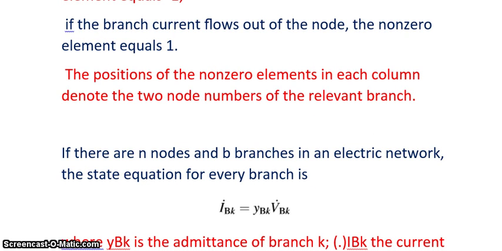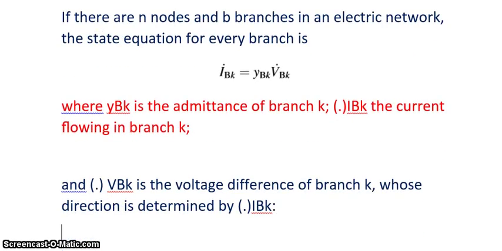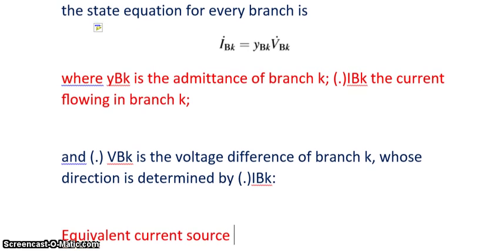If there are n nodes and b branches in the electric network, the state equation for every branch is Ibk equal to ybk into v̇bk, where ybk is the admittance of the branch k, Ibk is the current flowing into the branch k, and v̇bk is the voltage difference across the branch k, whose direction is determined by İbk.